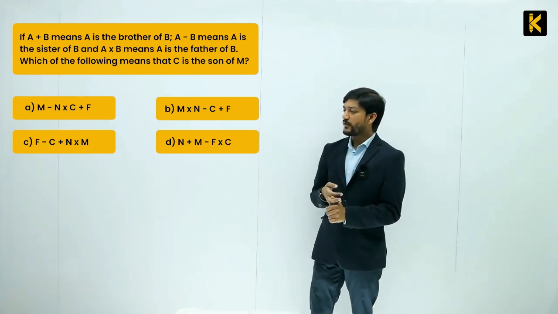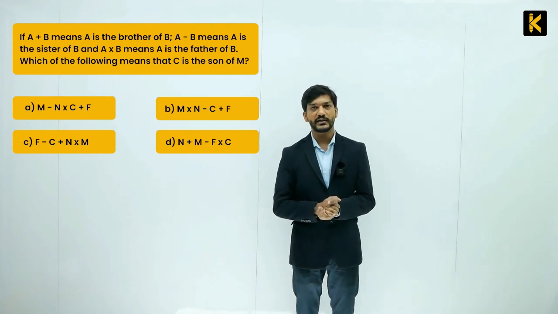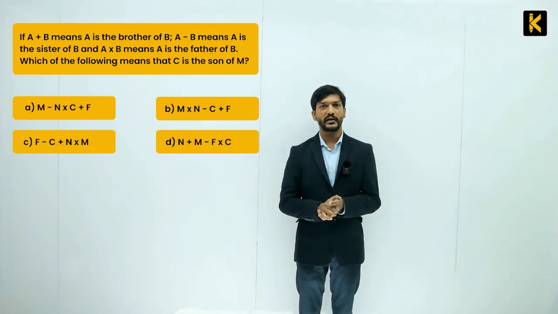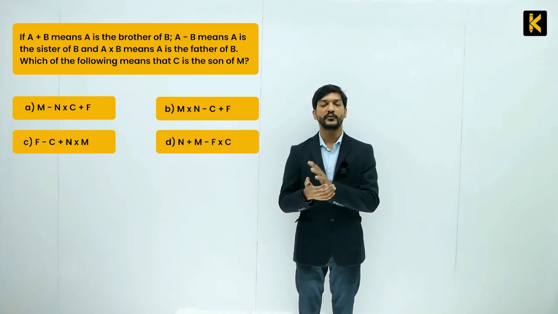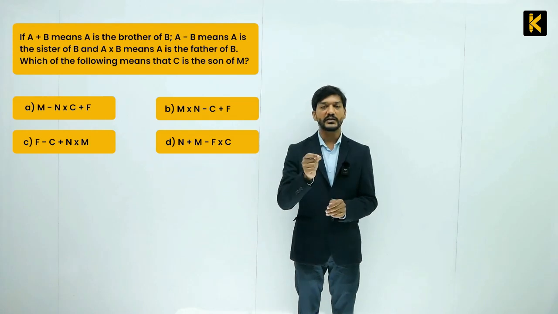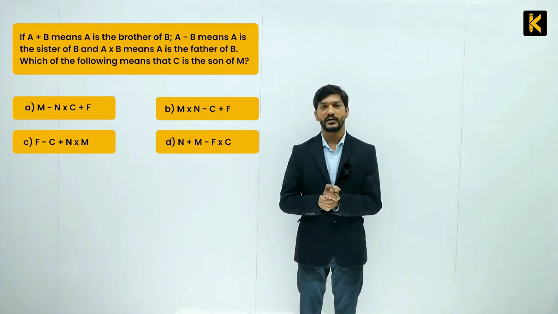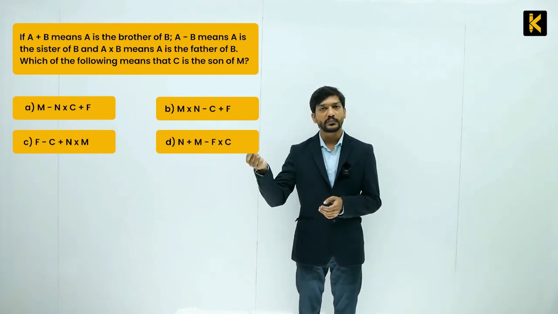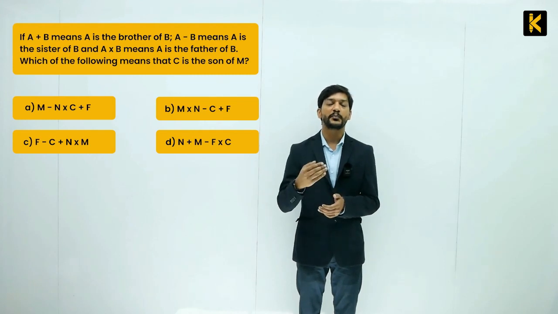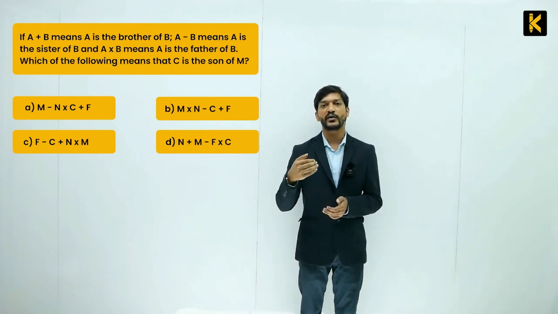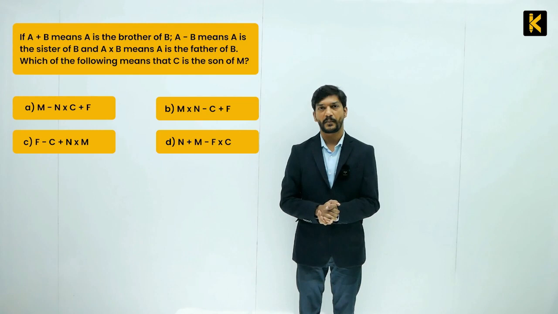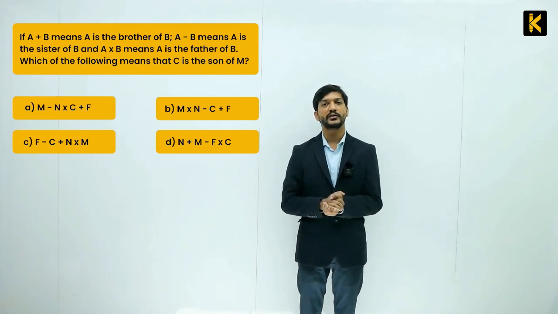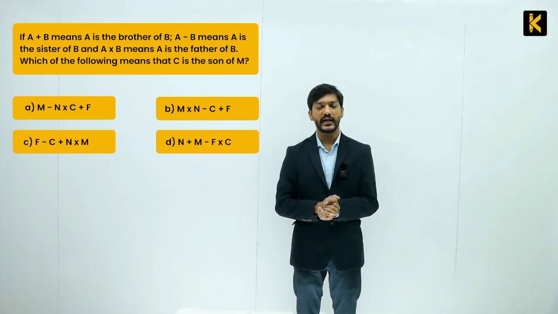Similarly, A minus B means A is the sister of B, and A cross B means A is the father of B. So plus, minus and cross are used to represent brother, sister, father relations. Based on this, we have to draw the diagram.